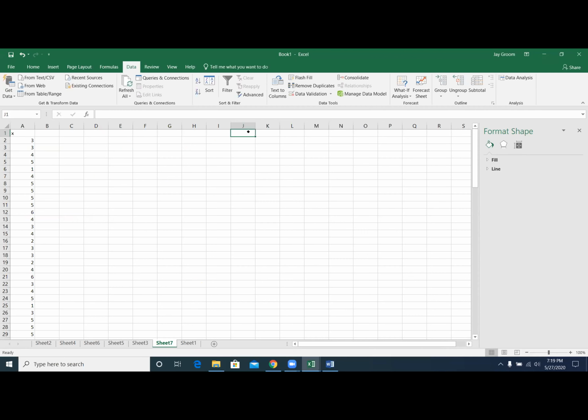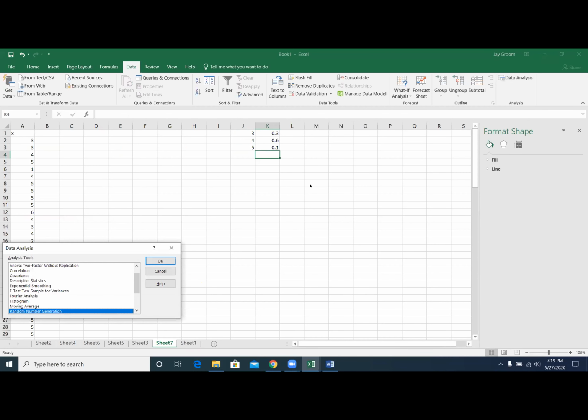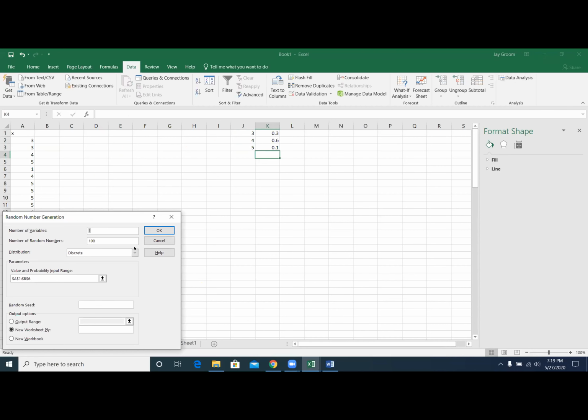Let's make up a new one over here where I can do 3, 4, 5, as if I had a 3-sided dice. 0.3, 0.6, 0.1. As long as it adds up to 100%, that's totally cool. Then you can go to Data Analysis. I still want 1 and 100, but my input range is going to be here now.